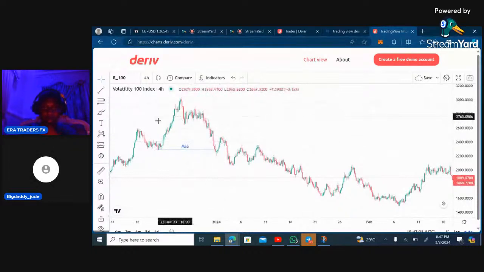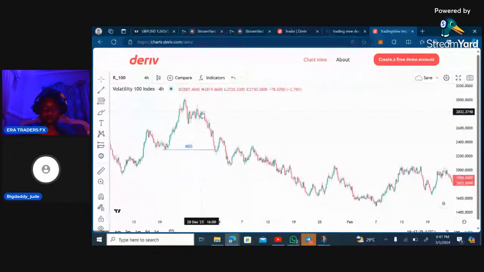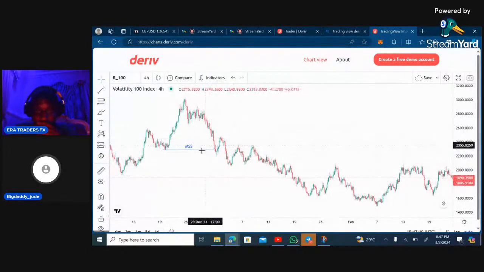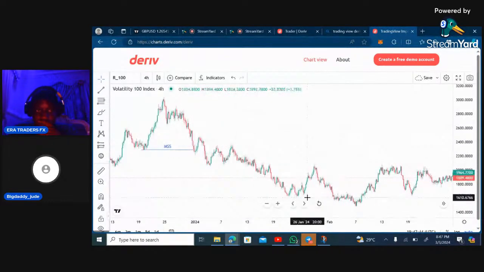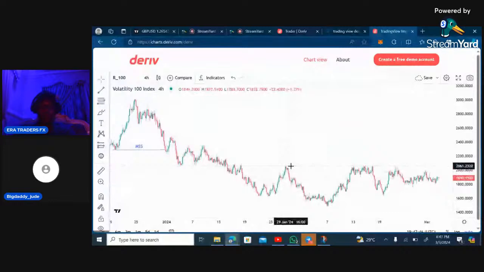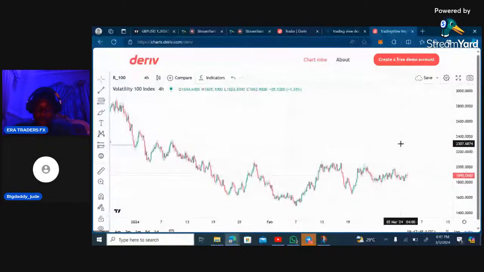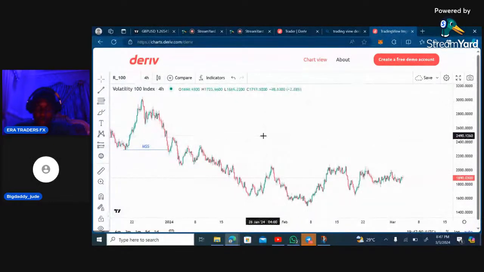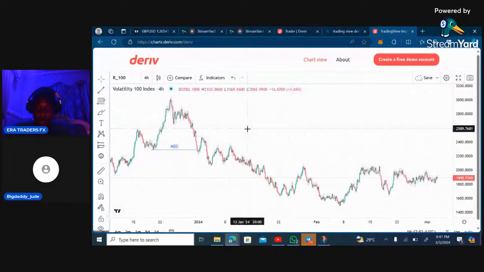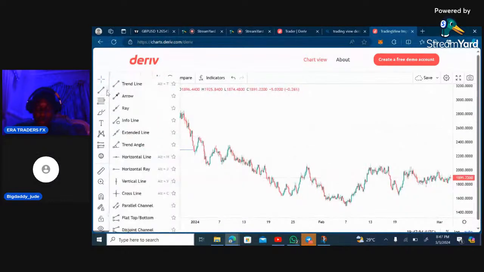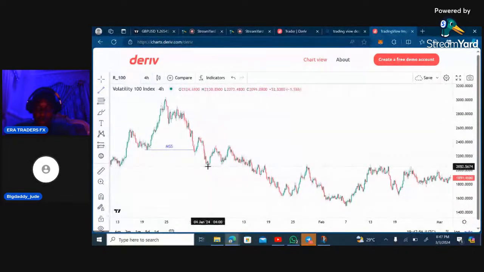In a bearish trend, I expect only the lows to be taken out and not the highs. So here I'm seeing a series of lower lows and lower highs, continuously to the downside. As an SMT trader, I'm going to stick to the trend of the market. So here I'm seeing a downtrend.